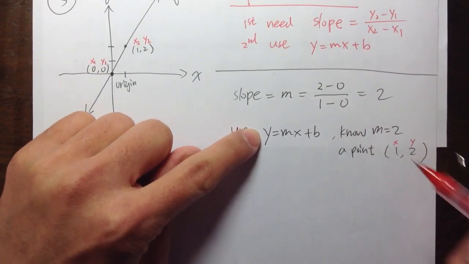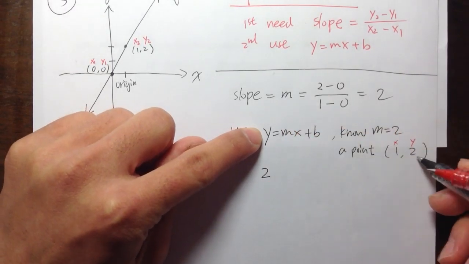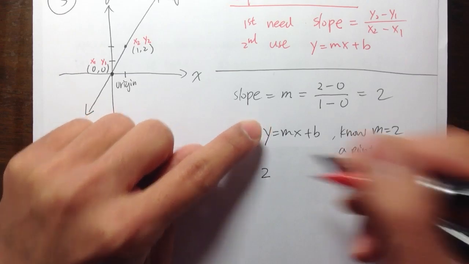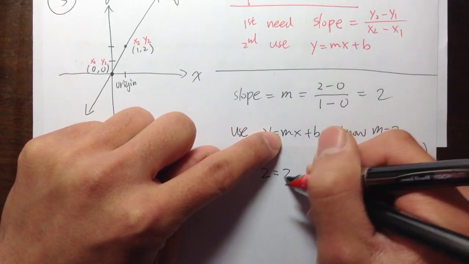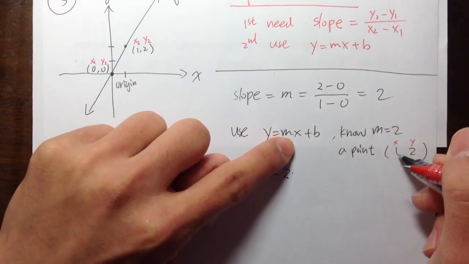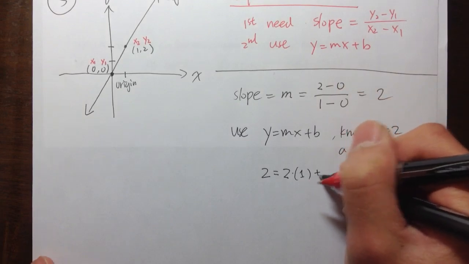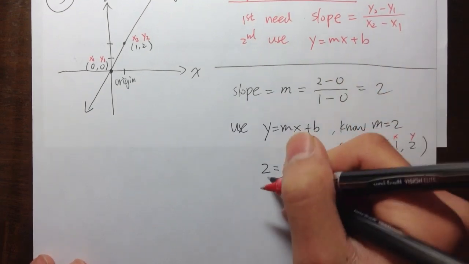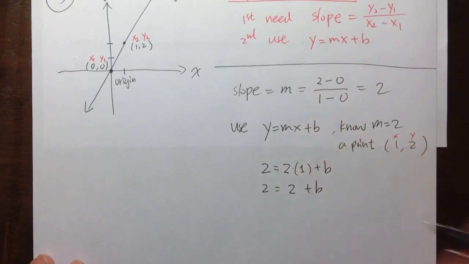So y is equal to 2, this 2, equals m, which is this 2, times x. x is my 1, so let me put 1, plus b. So I have 2 is equal to 2 times 1, which is 2, plus b.